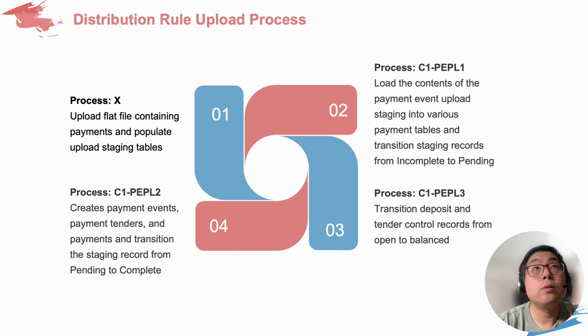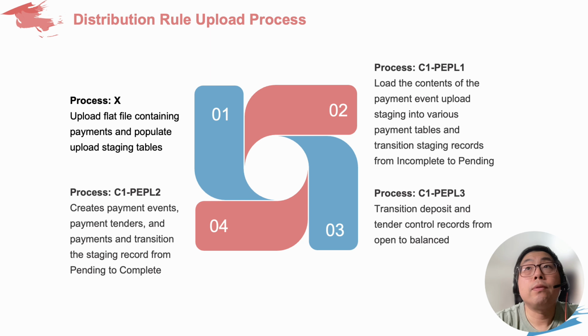If you use distribution rule in the tender, what needs to happen is there are 4 different batches. Similarly, the first one is to load file and populate the stage table.